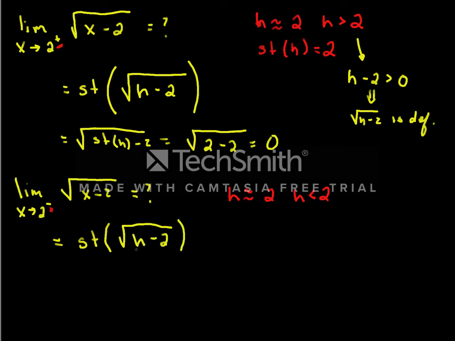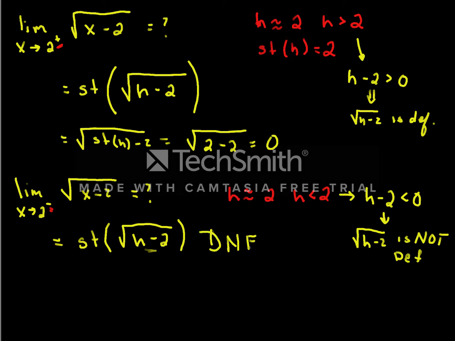But just like before, we've got to make sure that this is defined. If h is less than 2, then h minus 2 is less than 0, which tells me that the square root of h minus 2 is not defined. We can't take square roots of negative numbers, which means this standard part does not exist. And since the standard part of it doesn't exist, this left-hand limit does not exist.